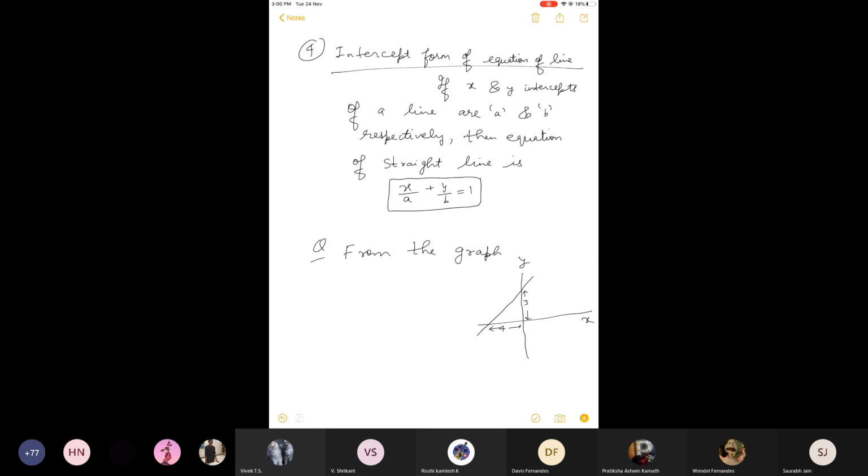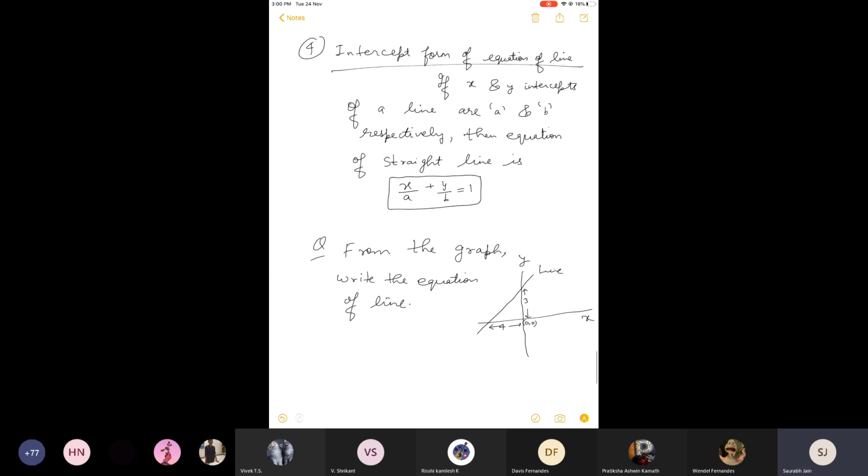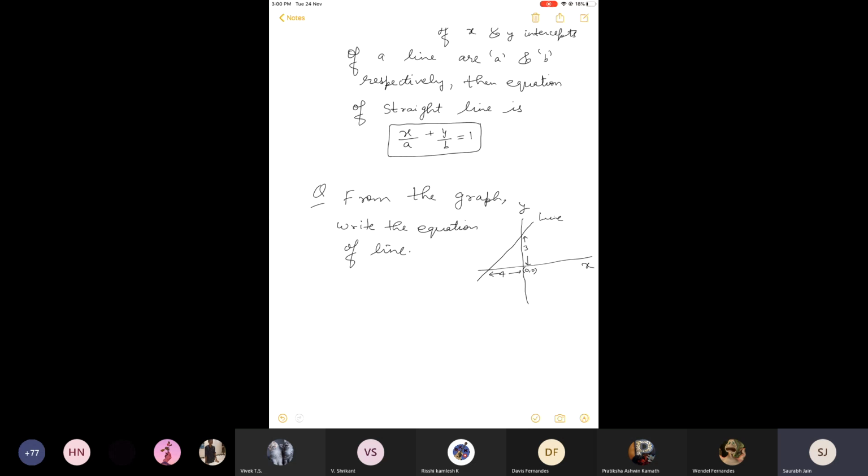Suppose this is the line which is cutting x and y axis at these distances. From the information given in the graph, write the equation of the line.